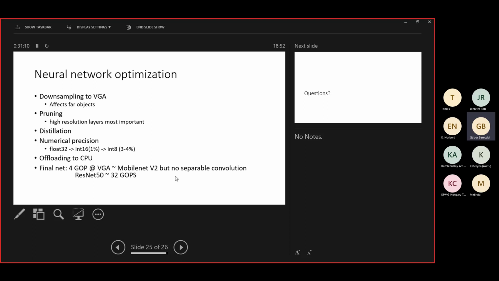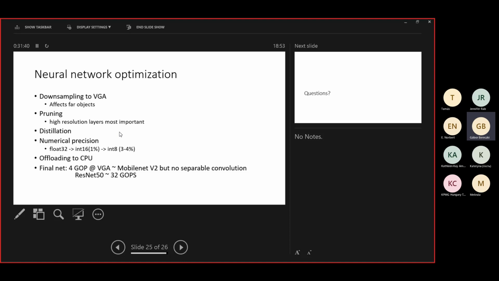And also on the silicon, you can do much more calculations with 8-bit or 16-bit numbers than with 32-bit numbers. These percentages in the parentheses are how much accuracy we lose. We found that going down to 16-bit doesn't really matter, but going down to 8-bit is actually painful. We lose 3-4% of the detected objects.